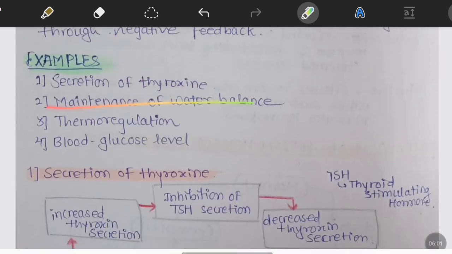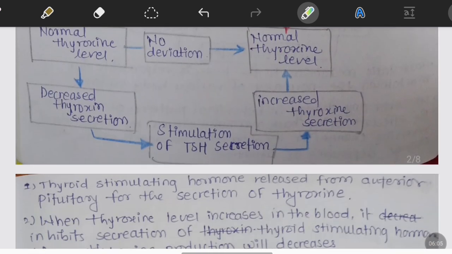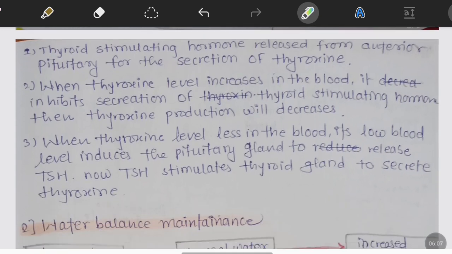Next example is the maintenance of water balance. You can clear your concept from this negative feedback mechanism: thyroid stimulating hormone is released from the anterior pituitary for the secretion of thyroxine, and when the thyroxine level increases in the blood, it inhibits the secretion of thyroid stimulating hormone TSH.